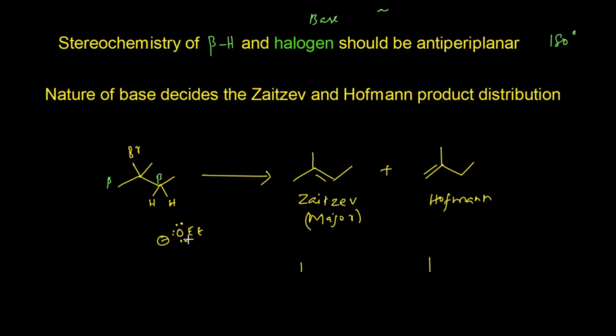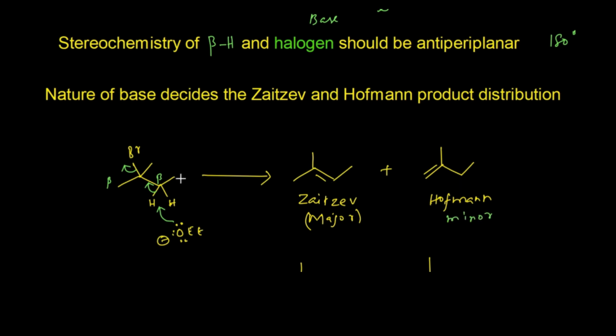When we take the base ethoxide, it is a strong base but not bulky. So it can attack this proton and form this product, which is always the major one. Here the Saytzeff product will be the major one and the Hofmann product is the minor one.